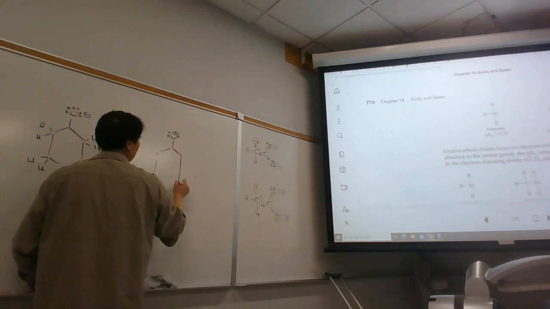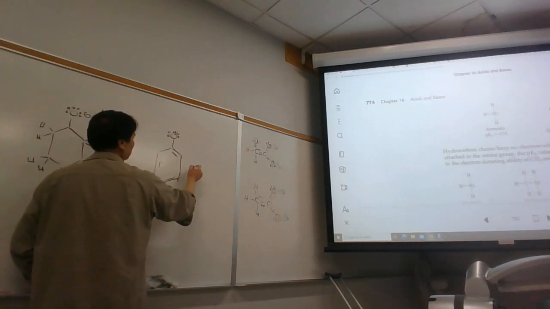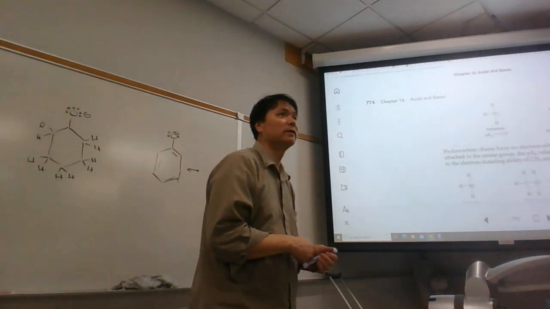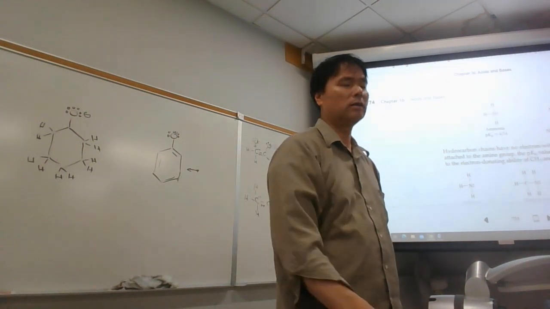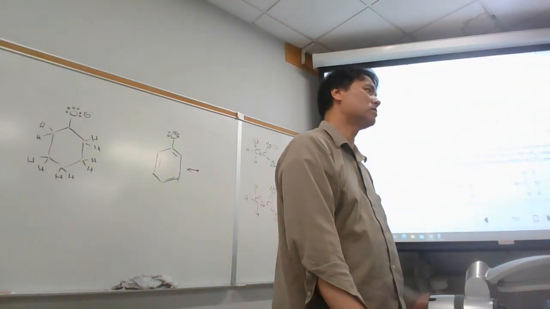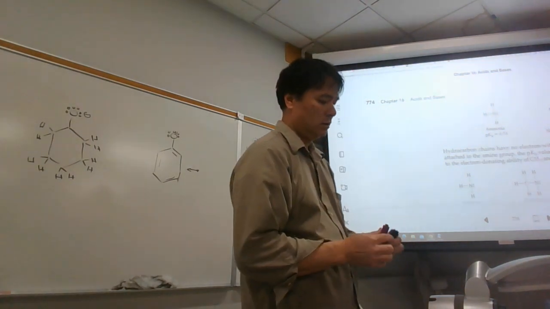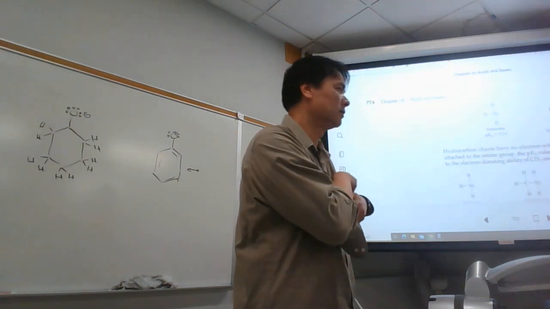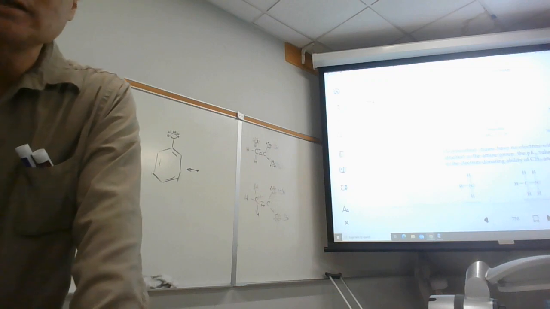How many resonance structures can we draw from this? Can you draw them for me? We have a few minutes left, so why don't you draw the resonance forms for this? They aren't all going to be equivalent. This is the best. It's not 6. So draw it and then tell me.